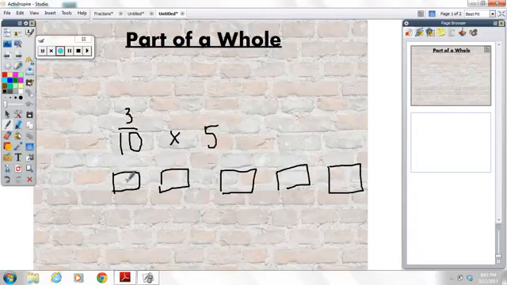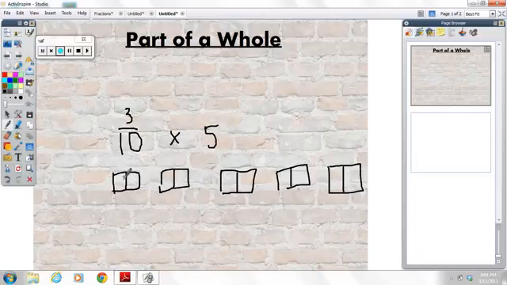Well, what would I have to do to each one of these boxes to create 10 equal parts? I know that 10 divided by 5 would get me 2, so if I took each one of these boxes and divided them into 2 equal parts, I'm going to have 1, 2, 3, 4, 5, 6, 7, 8, 9, 10 equal boxes. Alright, but even though we took these 5 separate boxes and created 10 boxes, each individual box is not broken up into tenths.